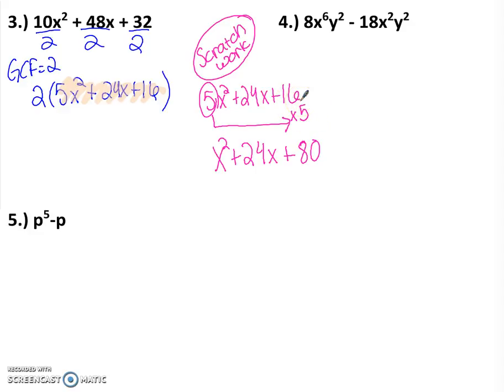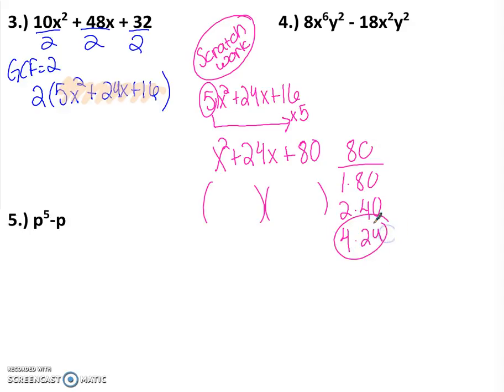So I want to think, what are the factors of 80 that would add to be 24? The factors of 80, well, it's obviously not 1 times 80. 2 times 40. 80 is not divisible by 3. 80 divided by 4 is going to be 20, which when you add them becomes 24.